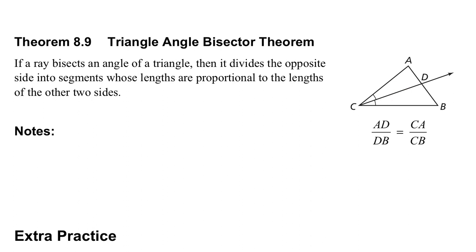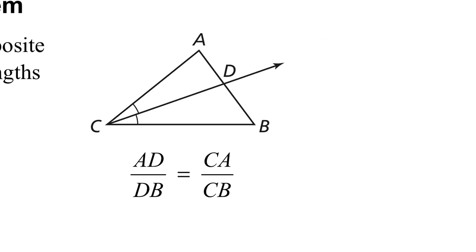So if we zoom in right here to show you what this looks like. So we have an angle bisector. That means now we can compare AD. If we compare these two parts that are being divided by that ray, look at their proportion, their ratio.